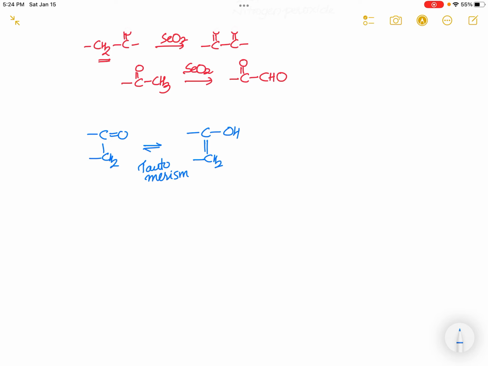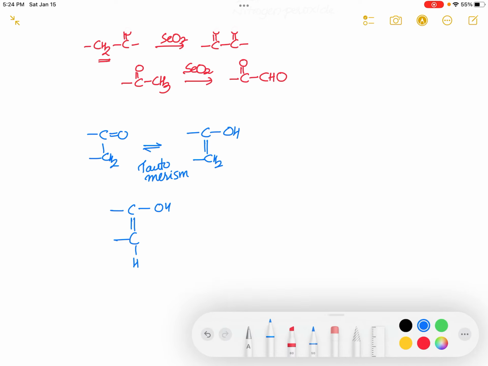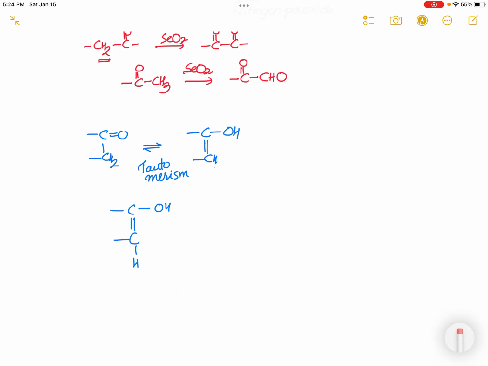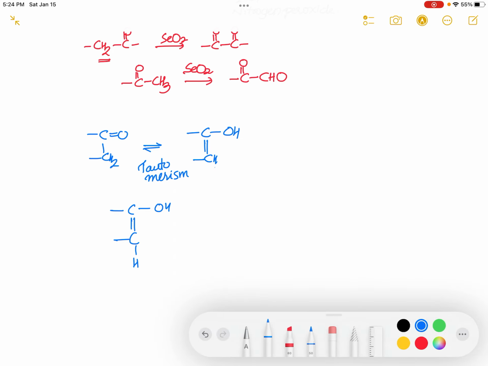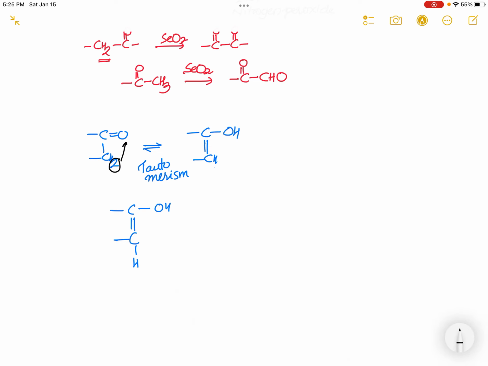You can show this as C=C, where one carbon has hydrogen and another carbon has OH. Tautomerism is known to you, and this hydrogen is simply shifted here, catalyzed by acids or bases.